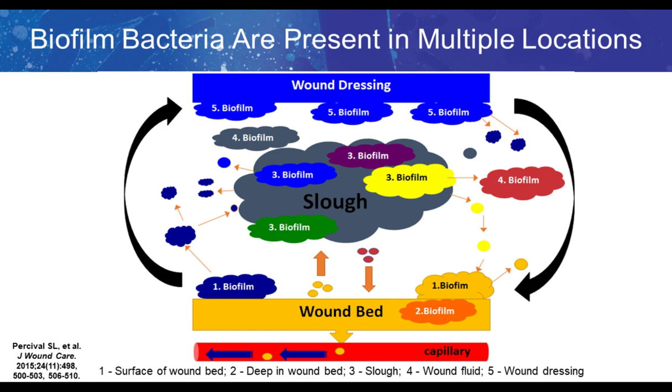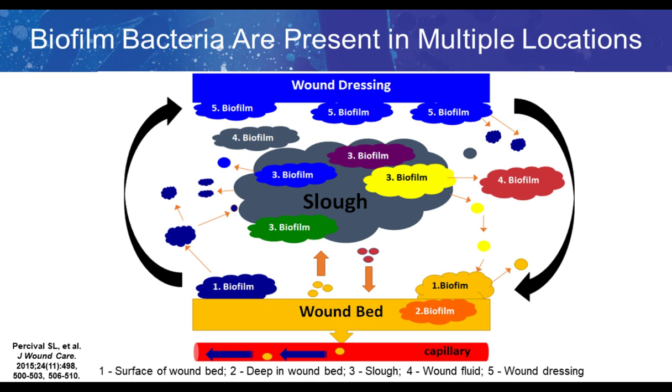Trying to assemble data from multiple studies, Dr. Percival also indicated in a great review article that it's possible to find both planktonic as well as biofilm in multiple locations within a wound. For example, they can certainly be present on the surface of the wound bed, both planktonic and biofilm.